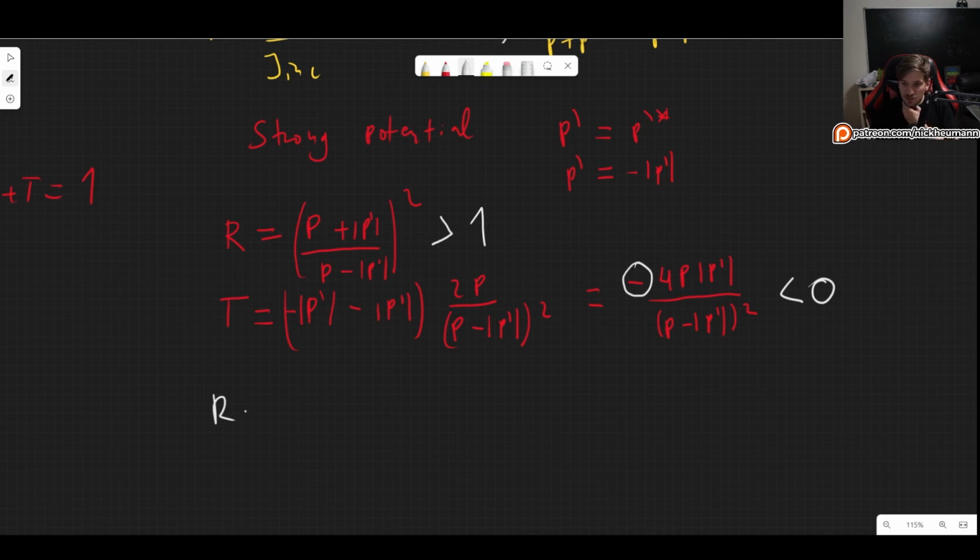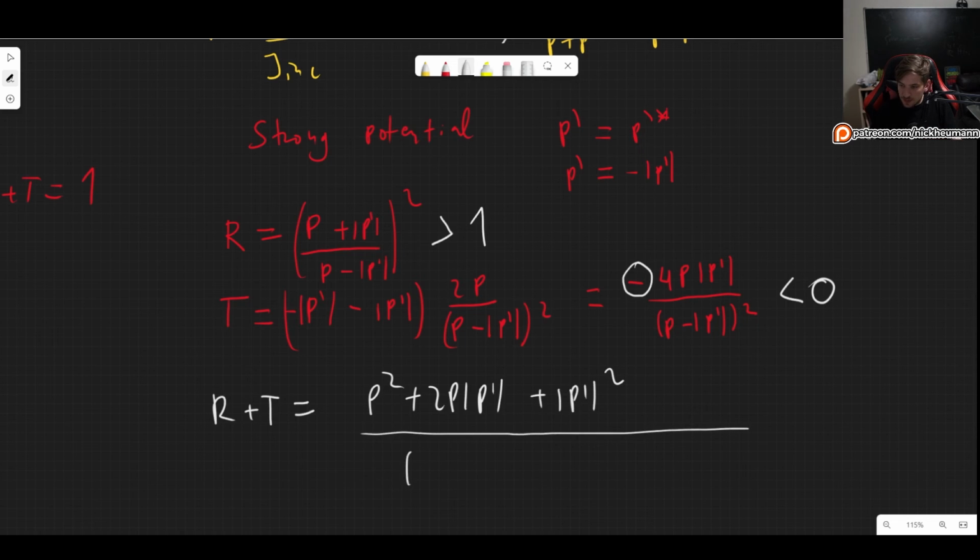And what happens if we add them together? If we add them together, we get P squared plus 2P P prime plus P prime squared. And both of them will be divided by the same thing, so I'll just keep it like this. And then we have minus 4P P prime. So notice, we can just add them together, and instead of this minus 4, we will have minus 2.